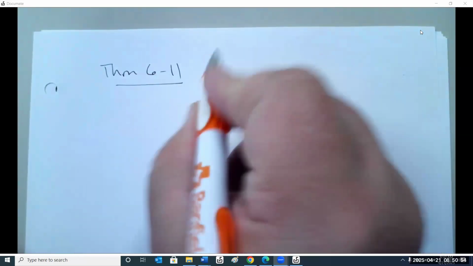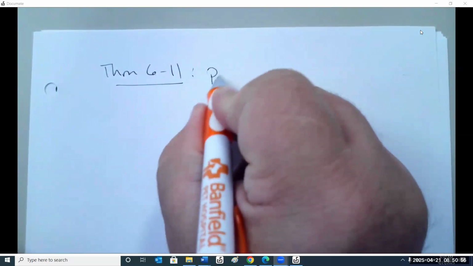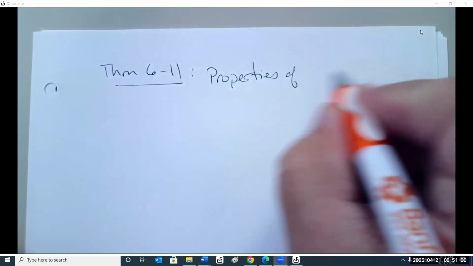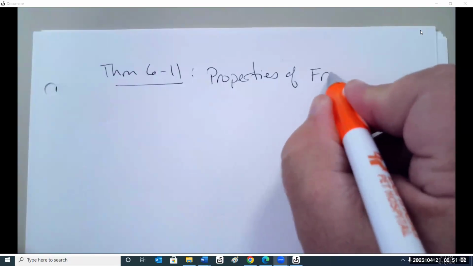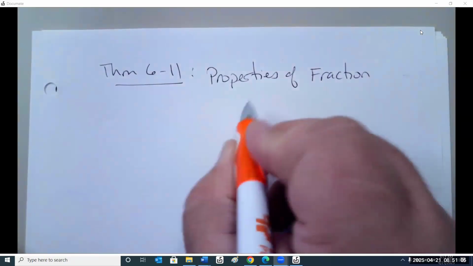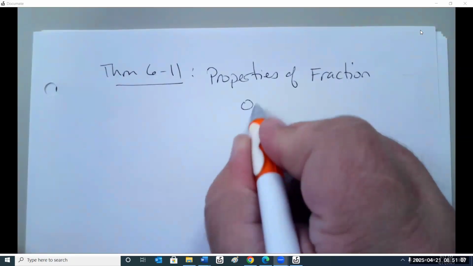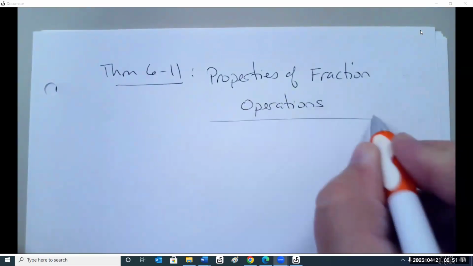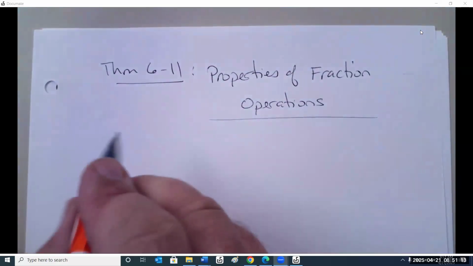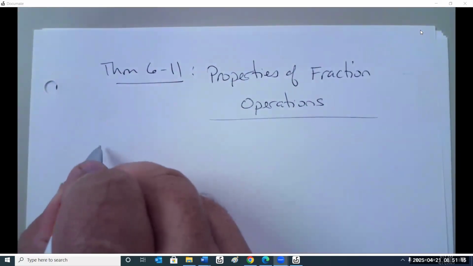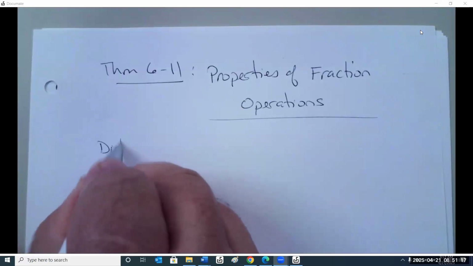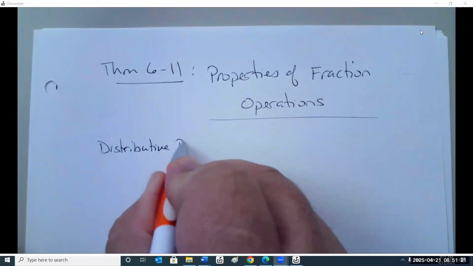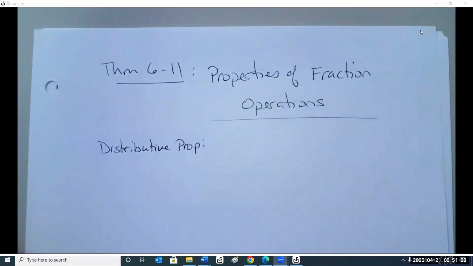Theorem 6-11. The properties of fraction operations. The distributive property.